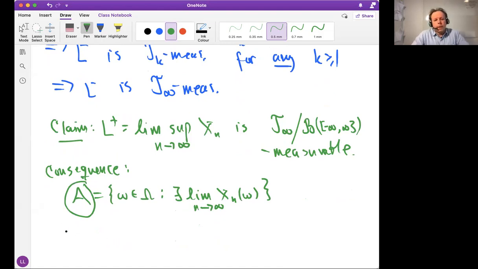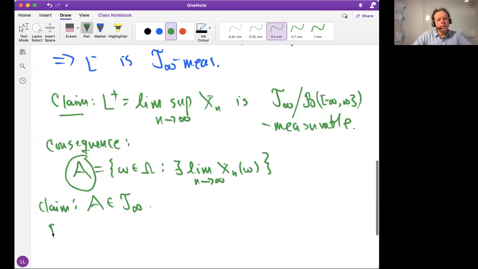I'm claiming that this question, does it converge or not, is also an event in the tail sigma algebra. We can prove this easily based on the previous thinking.